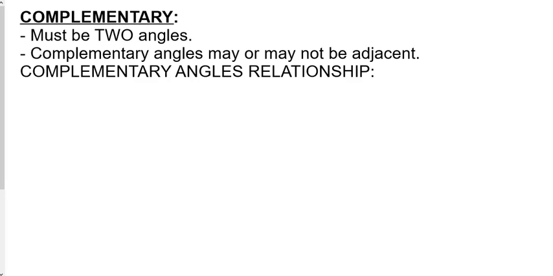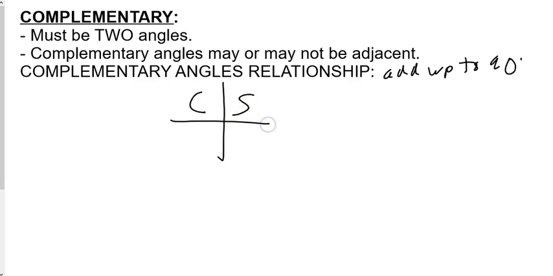Now, complementary are angles that may or may not be adjacent. All right? Complementary angles add up to 90. So, real quick, here's a way to remember this. Complementary, supplementary. C comes before S in the alphabet. 90 comes before 180 in numbers.